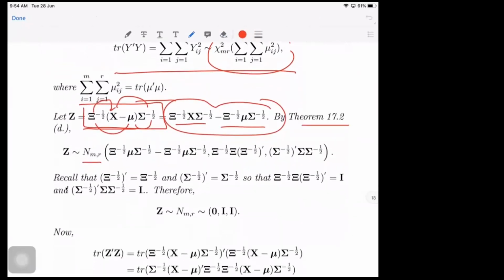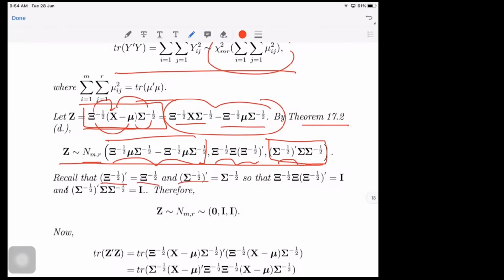You use theorem 17.2 to do that. So that is normal with these parameters. This is the mean vector, this is the psi, and this is the sigma. You have three components of your parameters. If you get the primes of a symmetric matrix, it is just the same, since they are symmetric. So this also is just equal to the identity matrix.